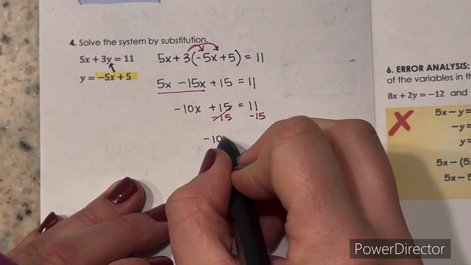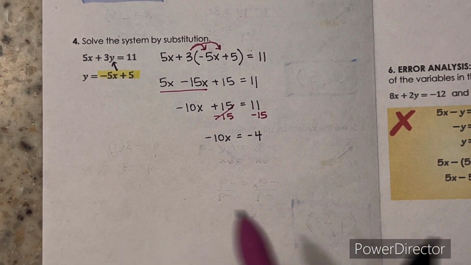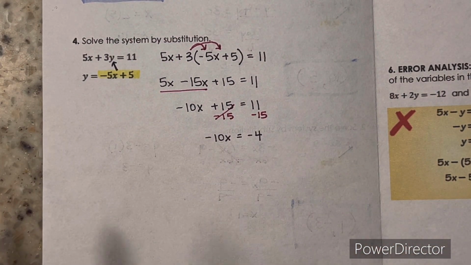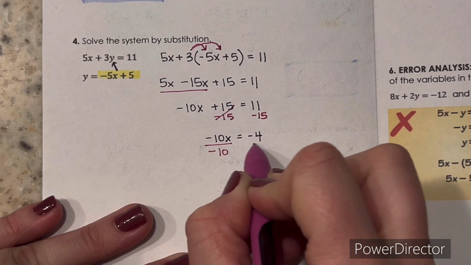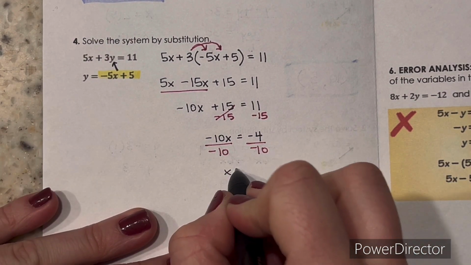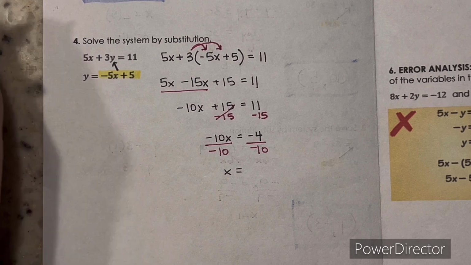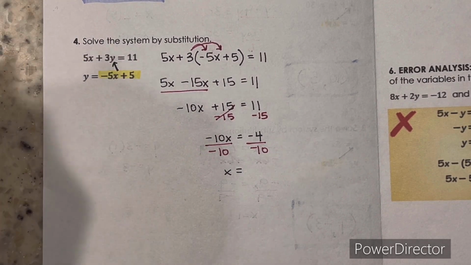So I end up with -10x is equal to -4. This is going to give us a decimal because 10 doesn't go into 4, which is fine. Decimals are fine. So we have divide by -10, divide by -10, and then we have x equals. Now, we have a negative divided by negative, which means it's going to be a positive.